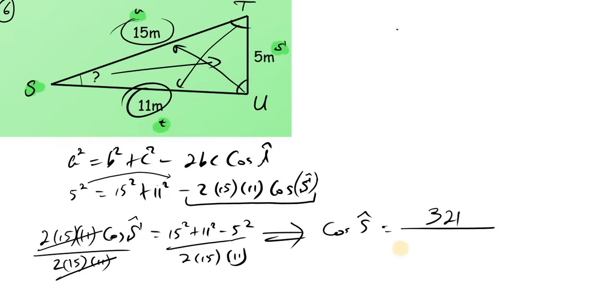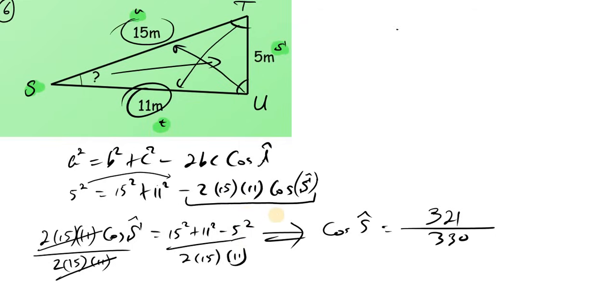And below, 2 times 15 times 11 is 330. So we're going to divide, putting the top number in the calculator first. So 321, then you press division, 330. That simplifies to 107 over 110, but I want the decimal, so I'm going to press the SD button. And what do I get?